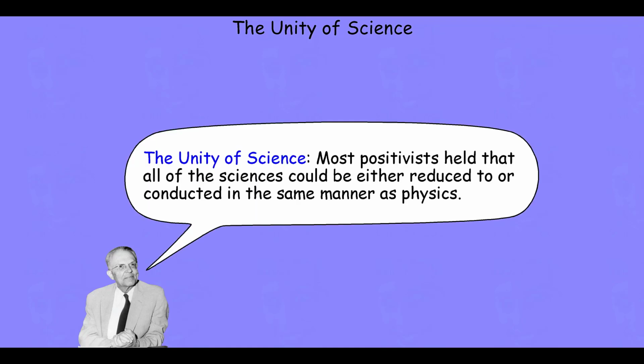The final doctrine, then, is the unity of science. And the unity of science was held by a lot of early positivists. Most positivists at that time held that all of the sciences could be either reduced to or conducted in the same manner as physics.